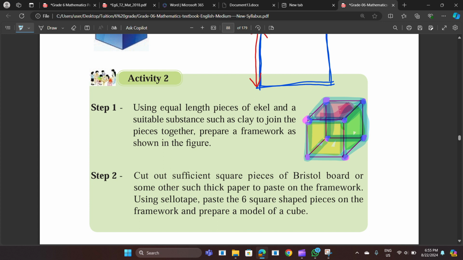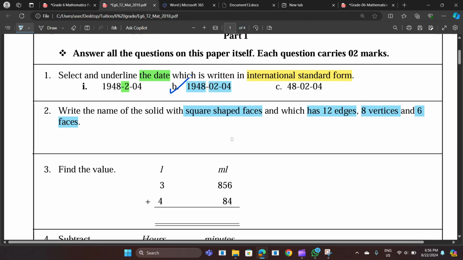Okay, let's move to the question. It is asking about square-shaped faces. How many? Six square-shaped faces, 12 edges and 8 vertices.